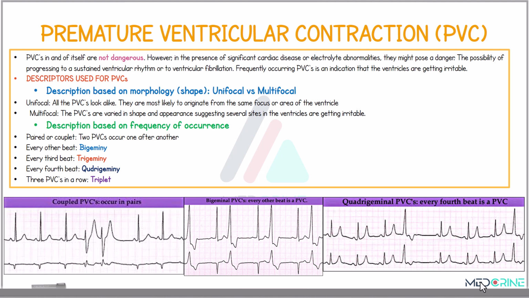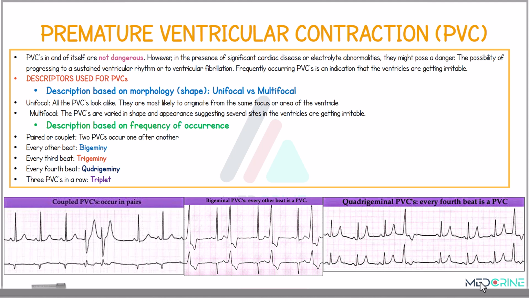So how do we describe a premature ventricular contraction? We describe these types of rhythms either based on the morphology or based on the frequency of occurrence. When we classify them based on the morphology or the shape, we have 2 types: a unifocal premature ventricular contraction and a multifocal premature ventricular contraction.